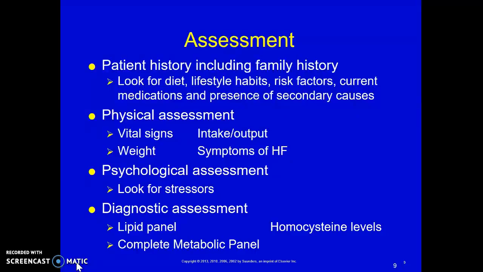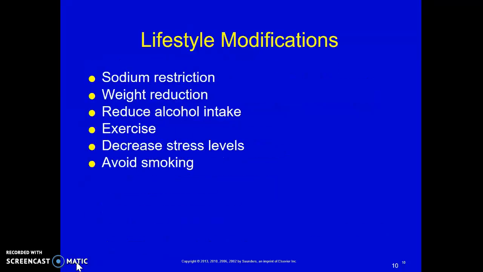Of course, you want to get what we call a lipid panel that looks at LDL, HDL, total cholesterol, and their triglyceride levels. And you're going to nearly always get a complete metabolic panel, because you want to look at whether there is any kidney function disorder, like in your BUN and creatinine, that would indicate a kidney problem is really what's causing the hypertension instead.